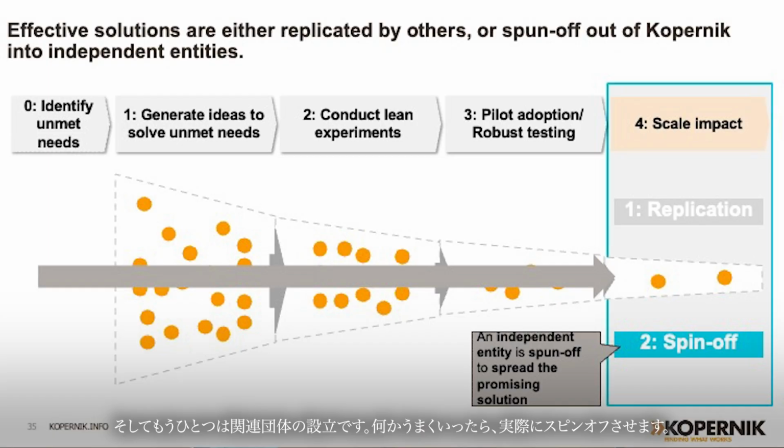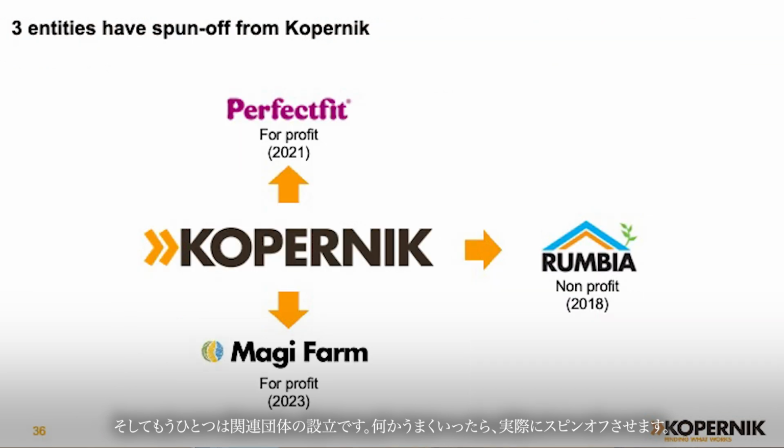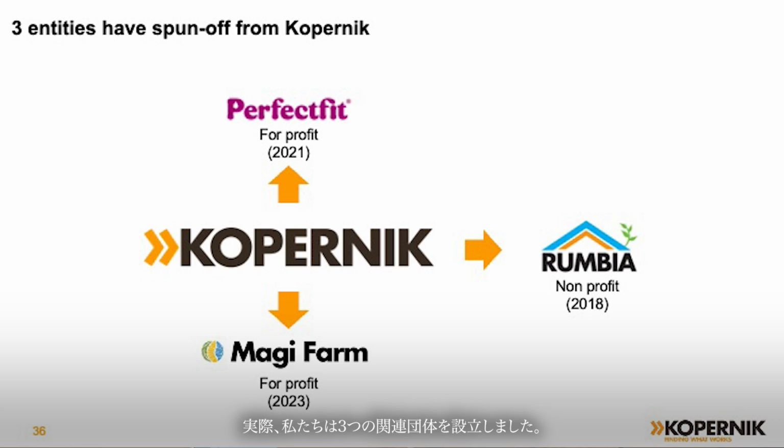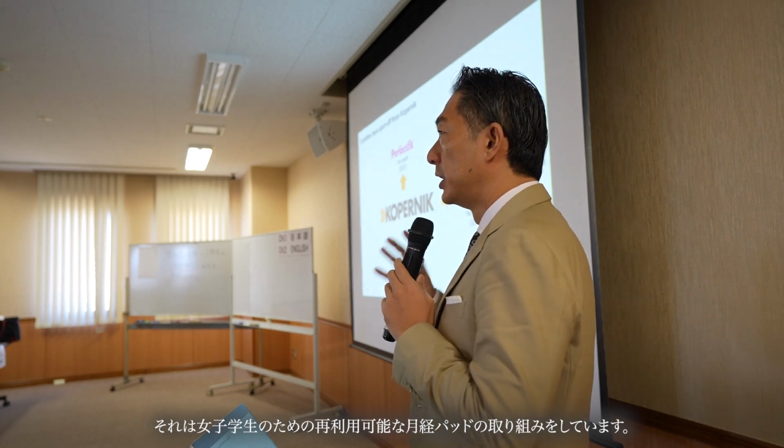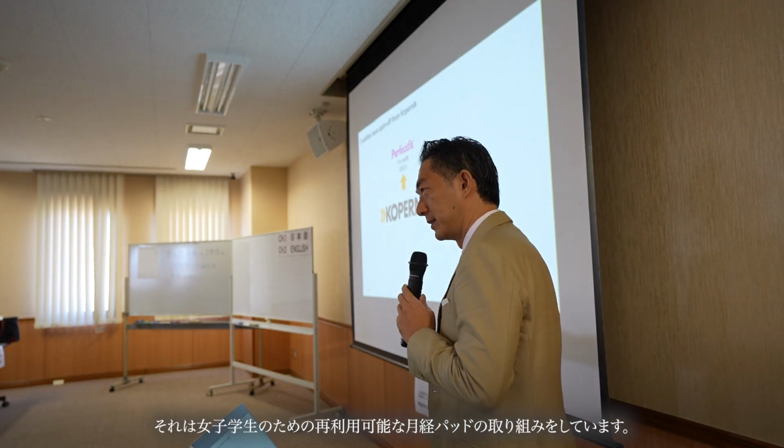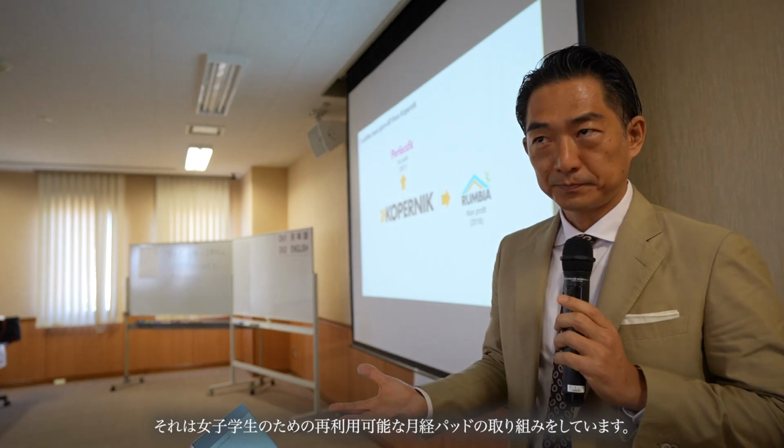And another thing that we do is a spin-off. So if something goes well, we actually spin off. So we have actually spun off 3 organizations out of us. One was Rumbia, it's a non-profit. Second one is called the Perfect Fit. This is a reusable menstrual pad for schoolgirls.